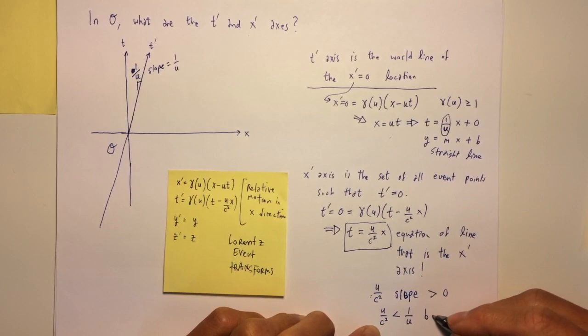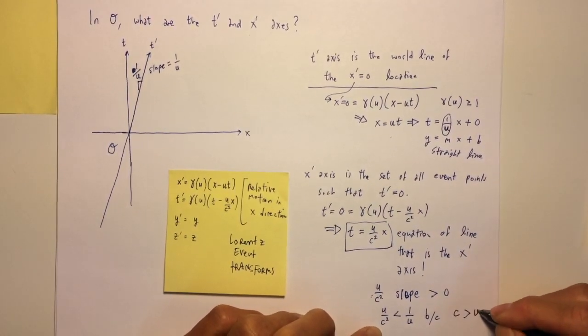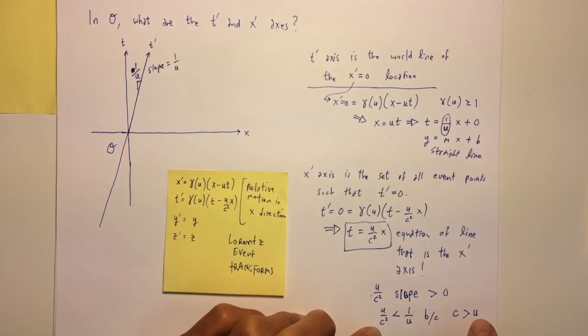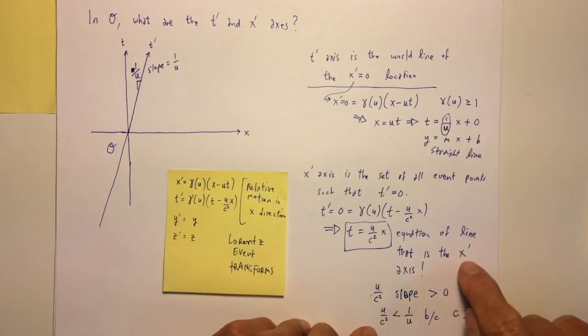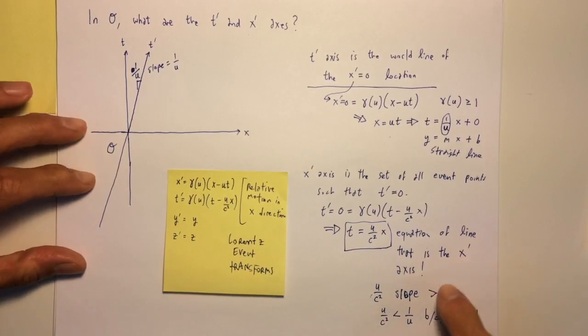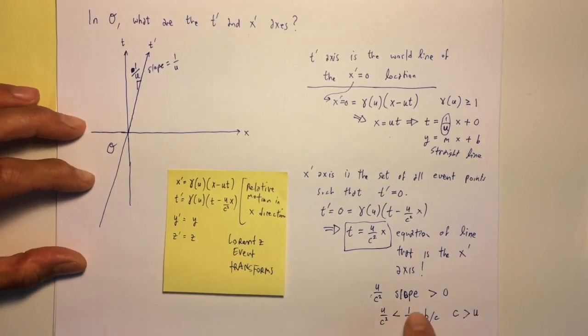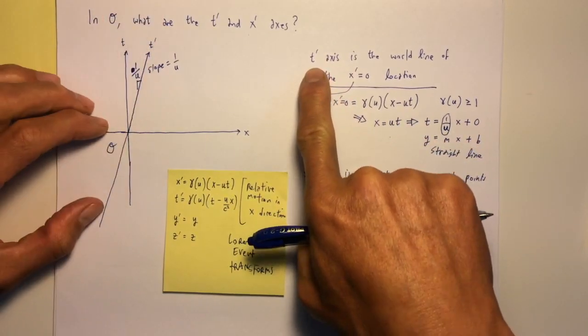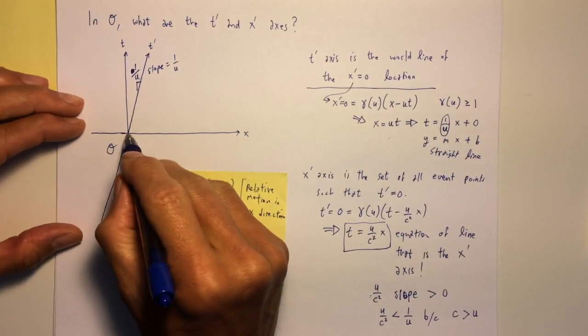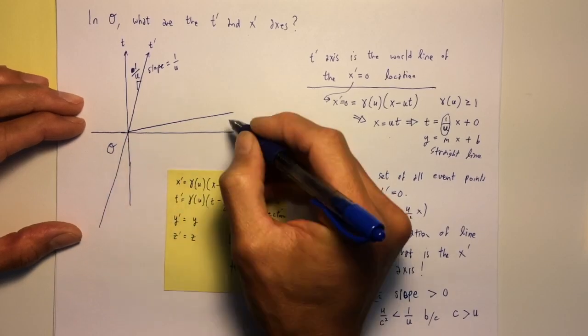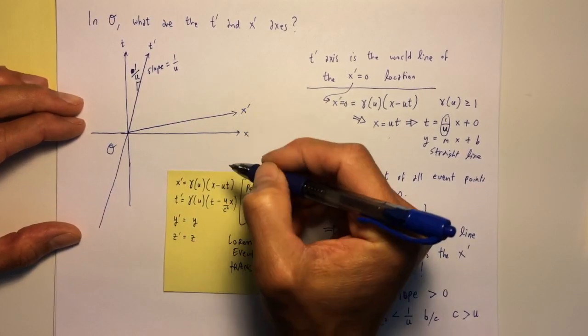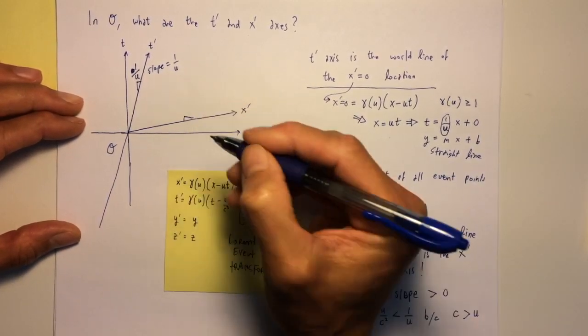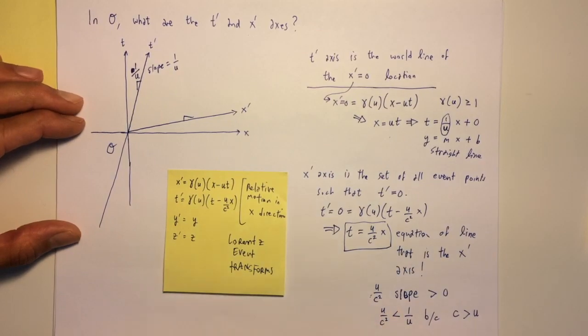And it's because c is bigger than u. You can't have observer frames move faster than the speed of light. So the slope of the x prime axis is actually smaller than the slope of the t prime axis. So the t prime axis is steeper, and the x prime axis, right, has a slope of u over c squared.